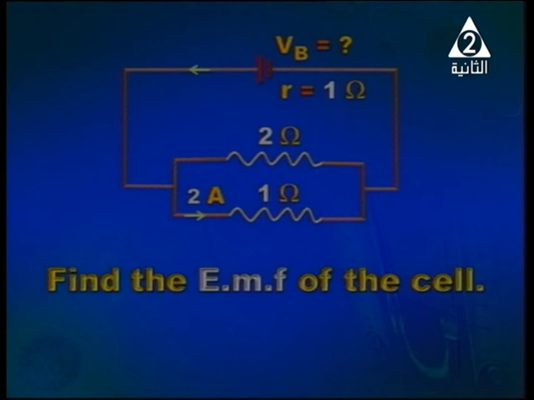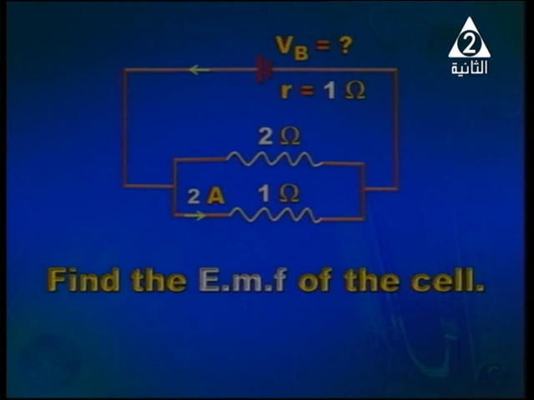Voltage across the 2 ohm will also be 2 volt. And knowing the voltage and the value of the resistance, we can calculate the current. So current through the 2 ohm resistor, it is 2 volt across 2 ohm, it will be 1 ampere. 1 ampere plus 2 ampere will give the total current. Total current multiplied by the total resistance will give the V battery.